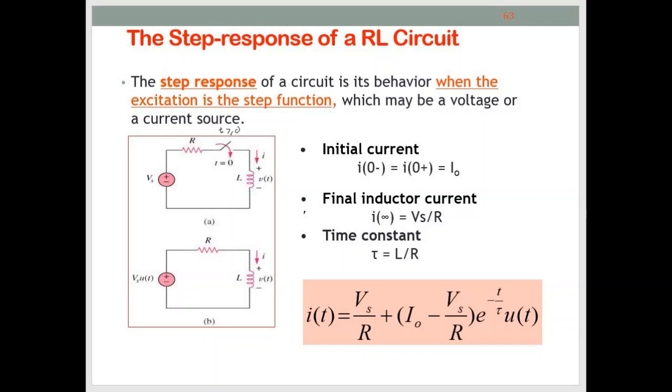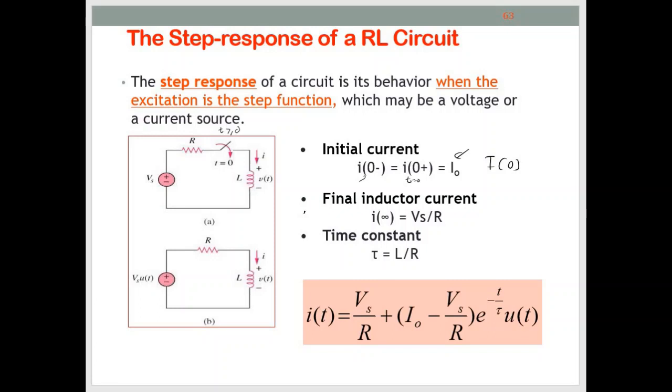This is the initial current. This is the current when t equals 0, just right after the switch is on. And this is the current when t is less than 0. All are the same and can be represented as the initial current, I naught, when t equals 0.